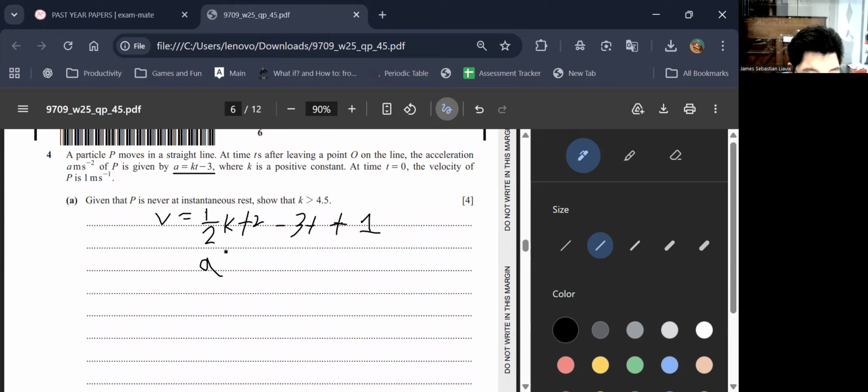A is always greater than 0 because P is never at rest. So A must always be increasing.